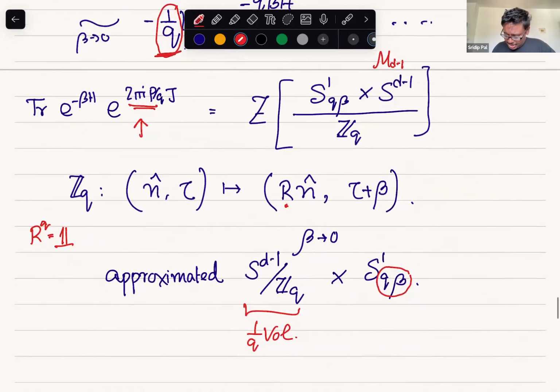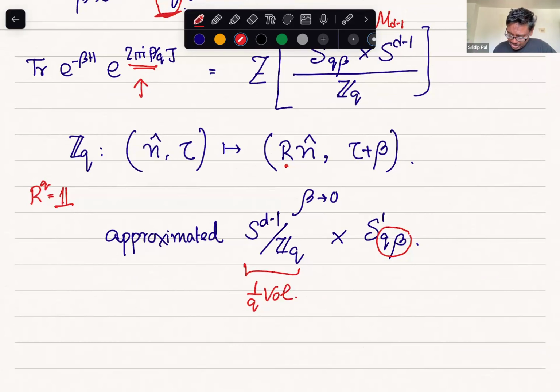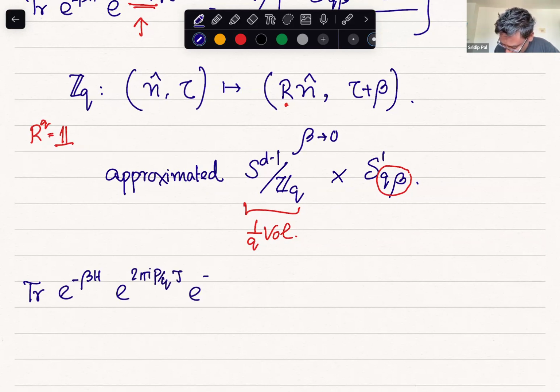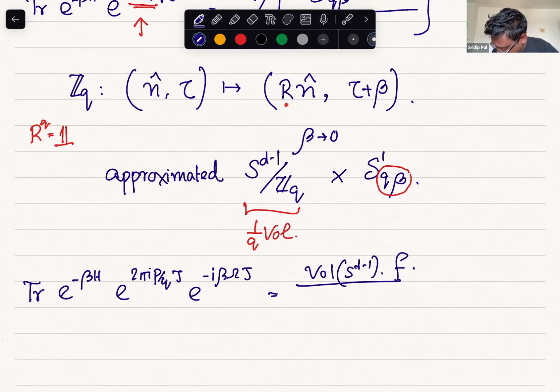Now this argument immediately goes through in higher D, and in higher D we immediately get this result: trace e^{-βH} e^{2πi p/q J} e^{iβΩJ} is volume of S^{D-1} over q^d times β^{D-1}.